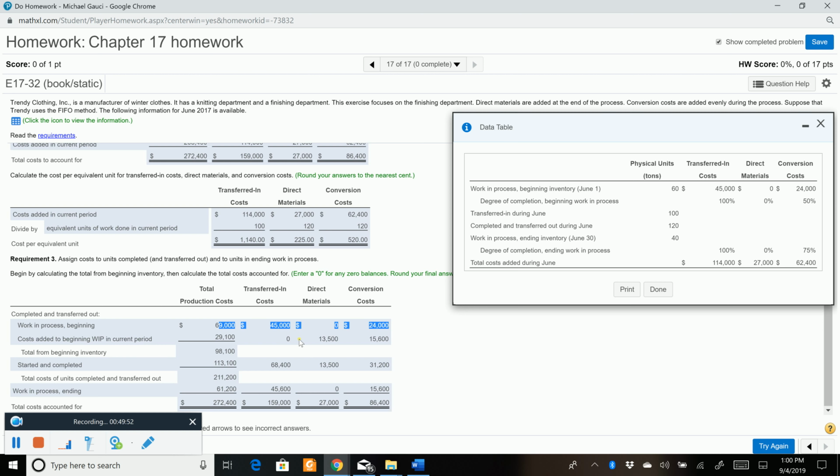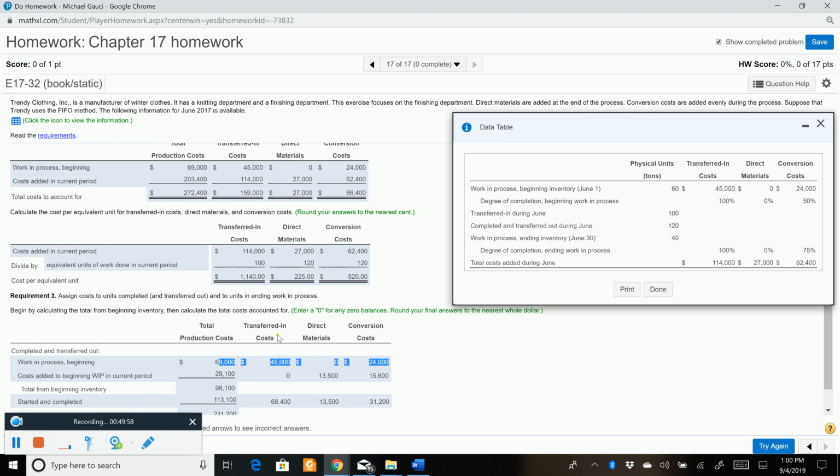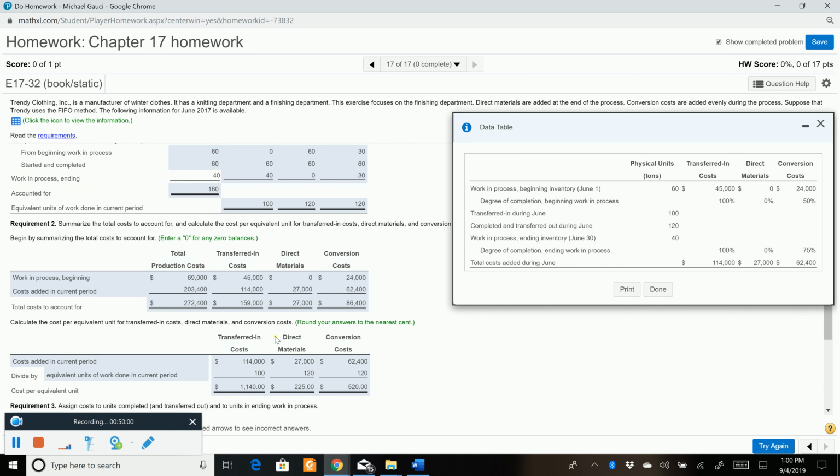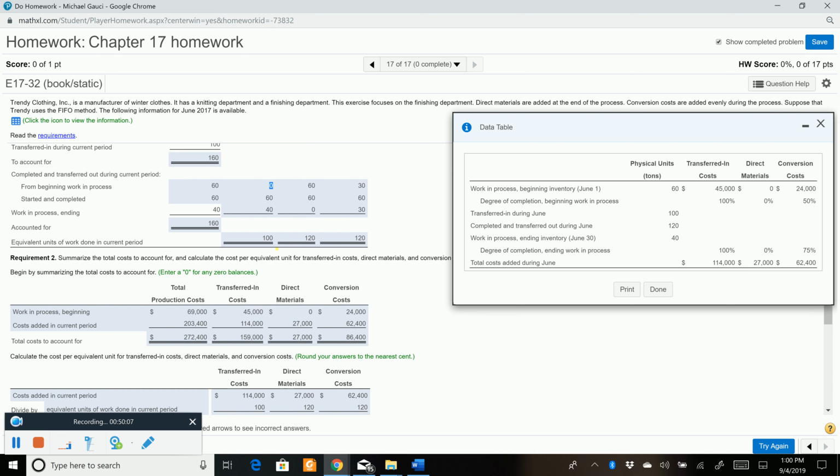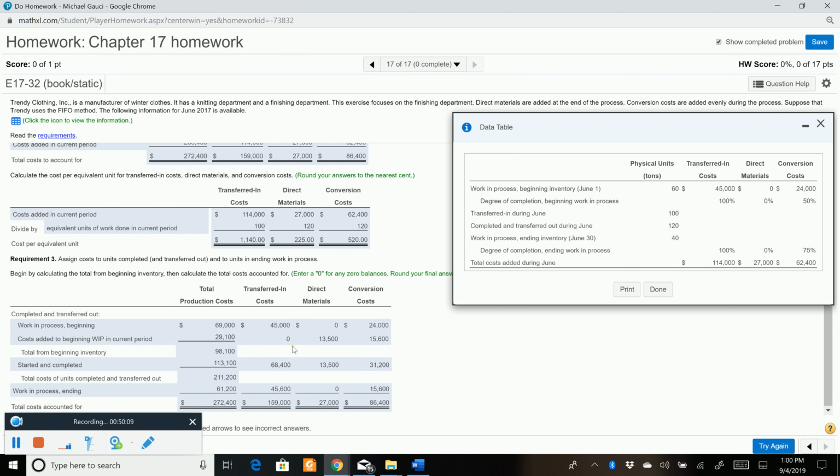So those numbers move on and they get transferred out. How about the cost added during the period? Transferred in, what was the cost per equivalent unit for added? 0. 0 times 1140 equals 0.